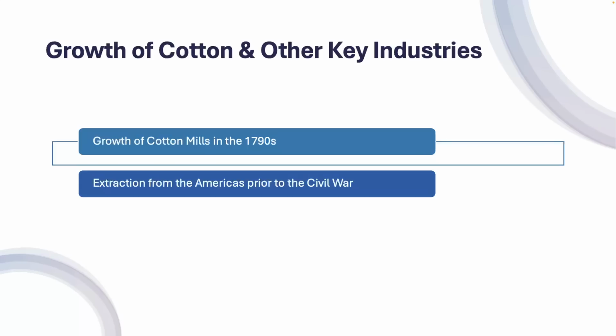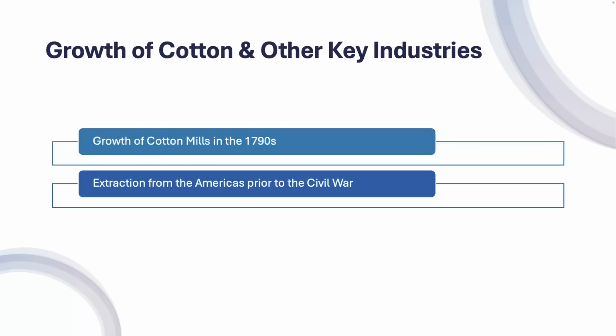We also see the extraction from the Americas of vast quantities of raw cotton from their colonies in America prior to the Civil War, and also from other colonies like India, which gave them a competitive advantage in the manufacturing of cotton goods.